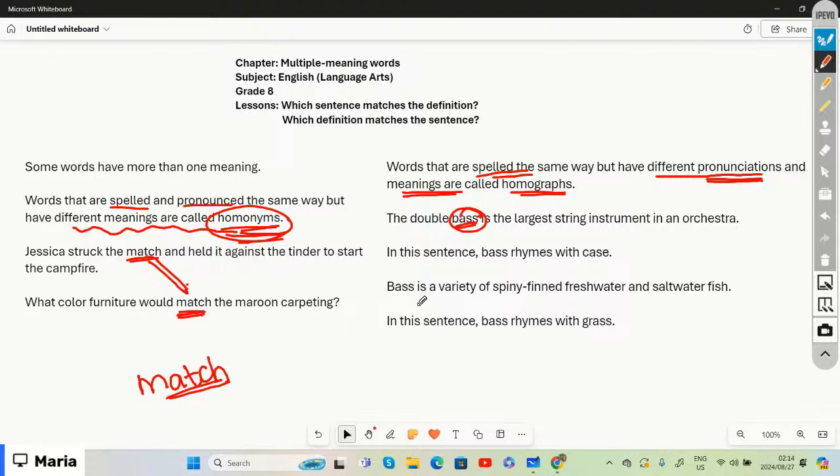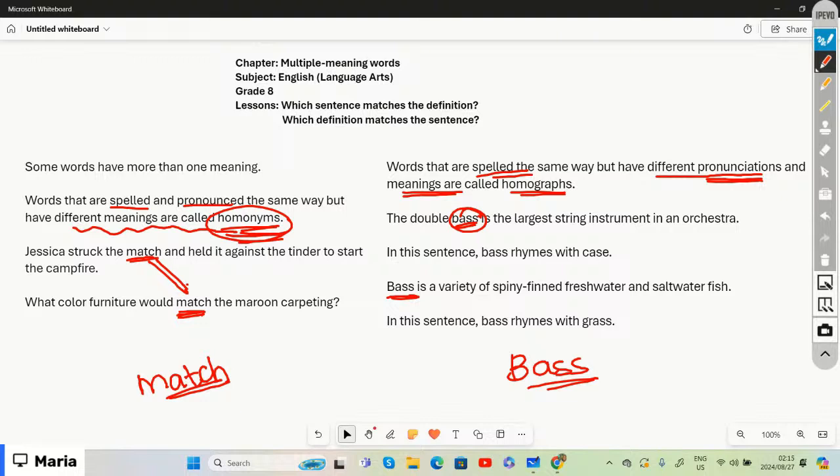And then we have another word. Can you see these words are spelled the same way? B-A-S-S. And this word bass is a variety of spiny, finned, freshwater and saltwater fish, and it rhymes with grass.